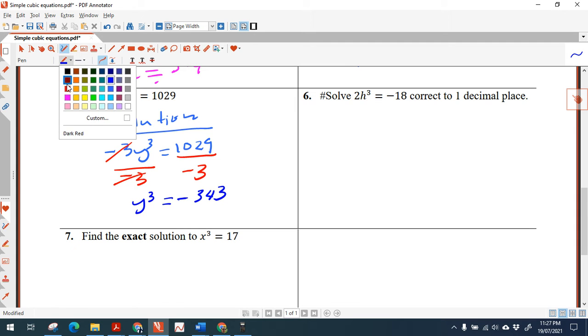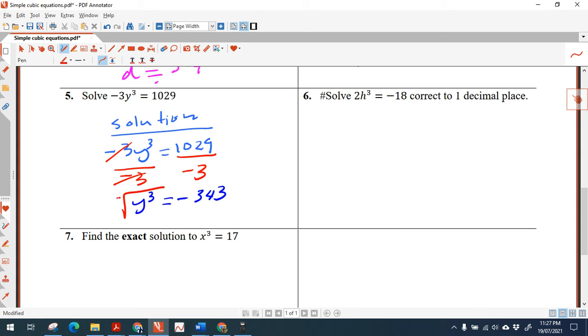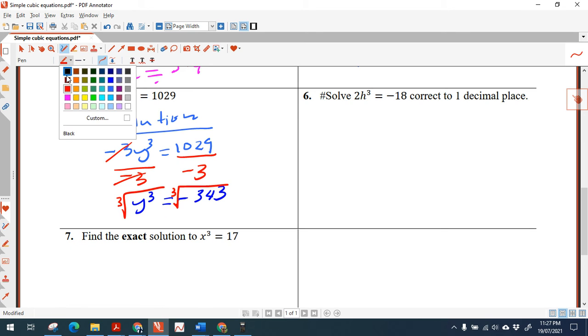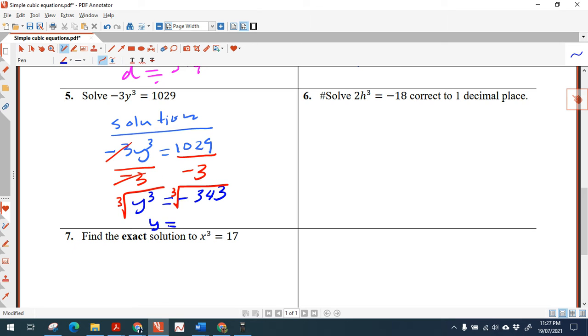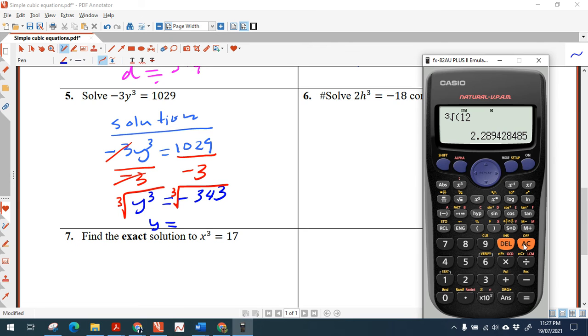And then we're going to cube root both sides. Now, on your calculator, you're going to put in shift cube root negative 343 and it equals, and you get negative 7.